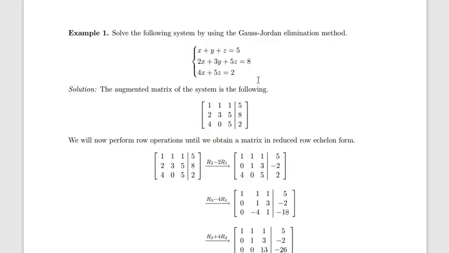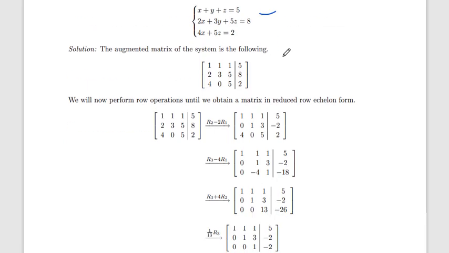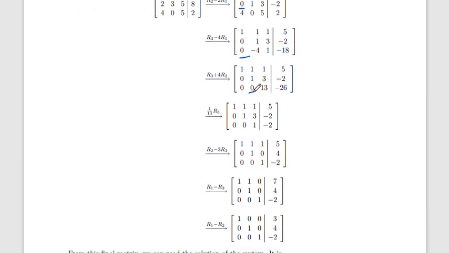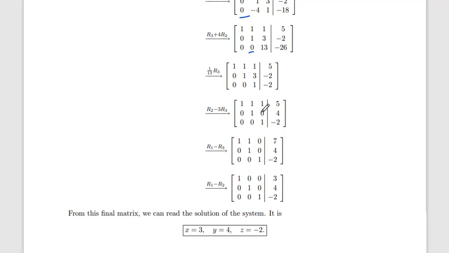So this is an example linear equation we have to solve with Gauss-Jordan elimination. First make this a 0, then below it 0, then third a 0, then this a 0, then this, and then this.